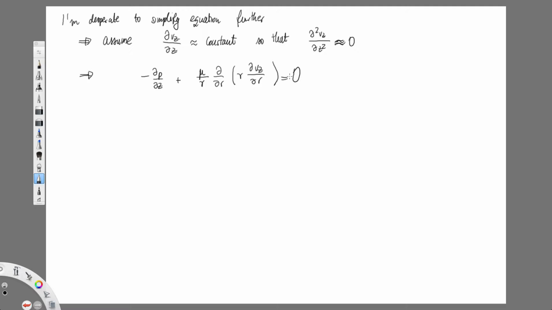All right, so let's separate the terms. And this is actually a regular derivative since p is a function of z only and I don't have any r dependence.